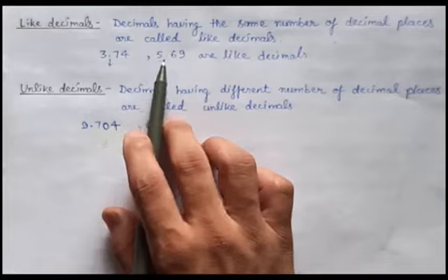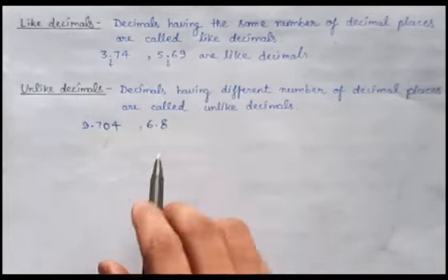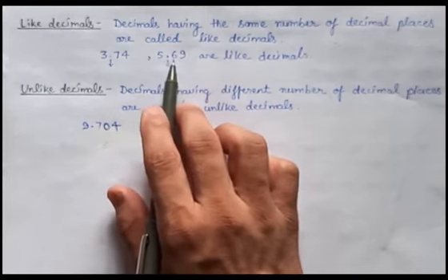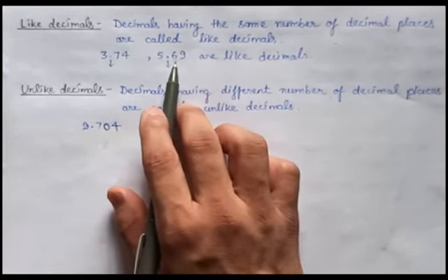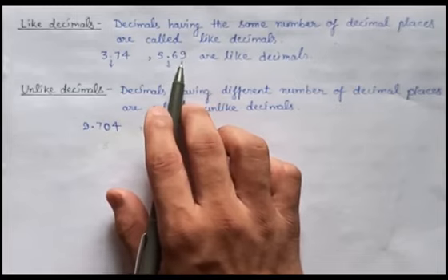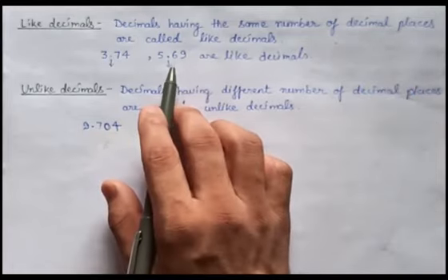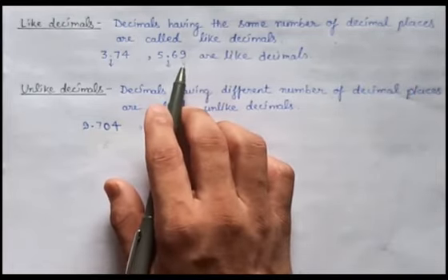In the same way, 5.69. In this decimal also, this is the decimal point, and the right side of the decimal point, that is 69, which is known as decimal part, contains 2 digits. Hence, we can say this decimal has also 2 decimal places because its decimal part contains 2 digits.